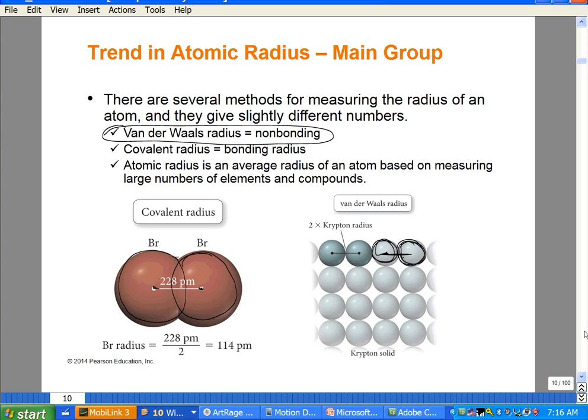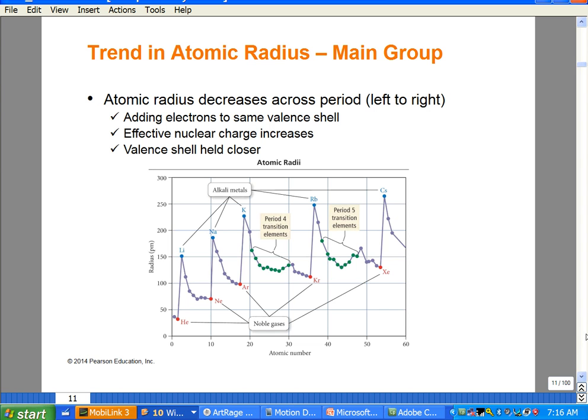So you know that radius from your math classes deals with the size of an atom. So we can look at the trend in the size of an atom. Basically, this graph, I probably should have included in the slide, is from your book, and all it's telling you is that in the periodic table, the atomic radius decreases as you go from left to right.